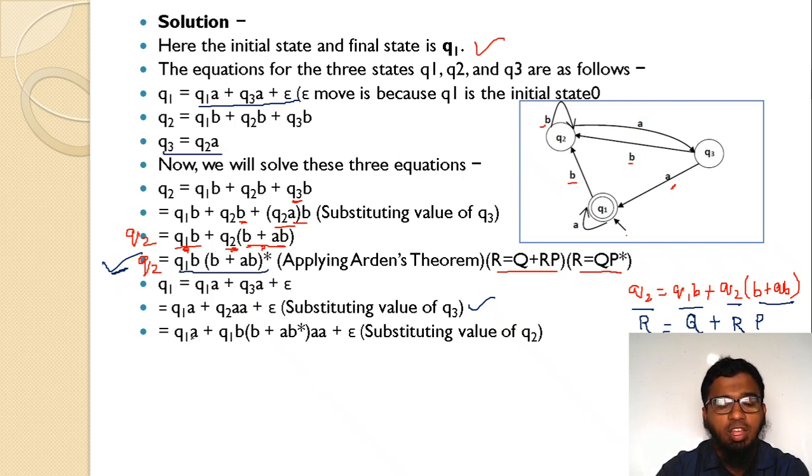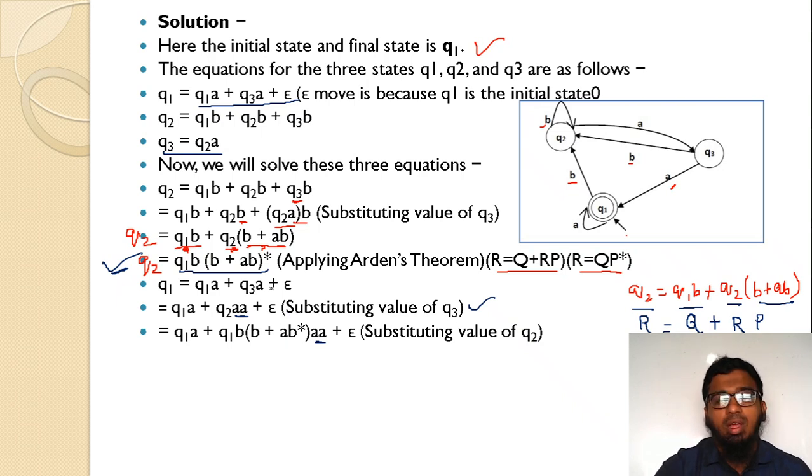See, Q1A is as it is. In place of Q2A, in Q2 we are writing Q1B, and B plus AB whole star. After that, these two A's are here.